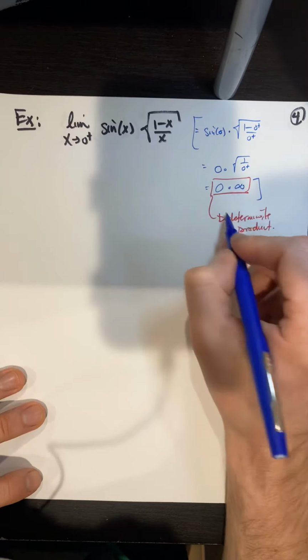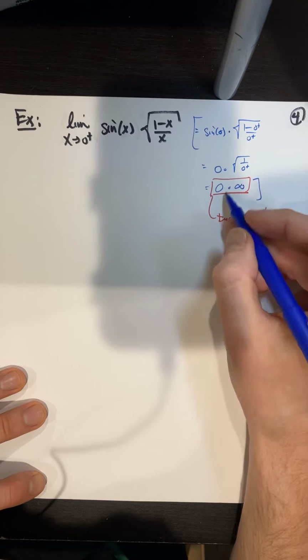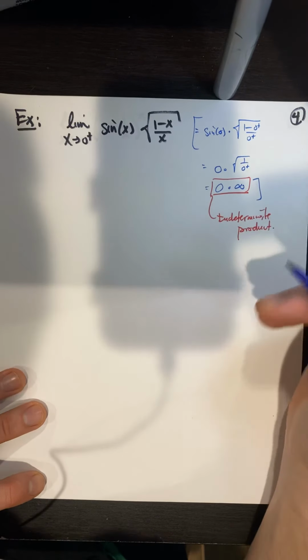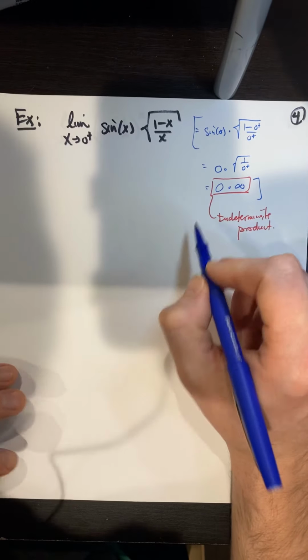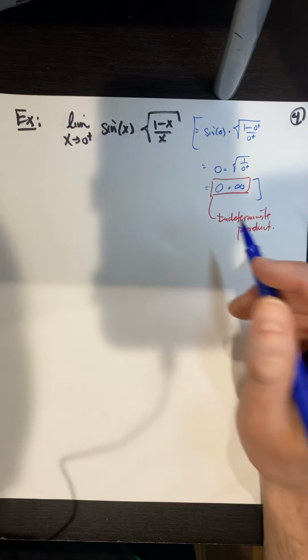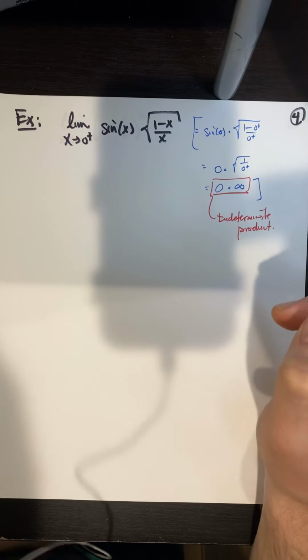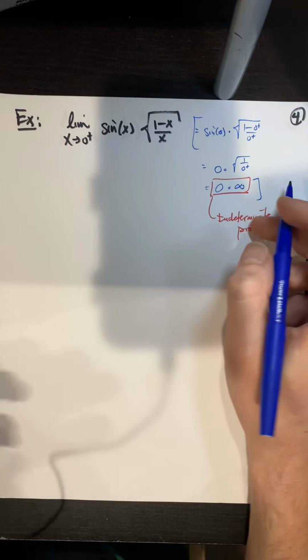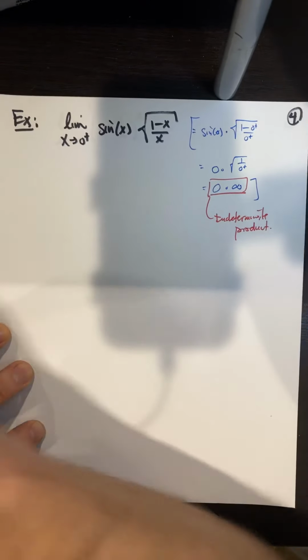But this is called an indeterminate product because this still could be anything. It's very similar to the 0 over 0 or infinity over infinity. You might think, oh, 0 times infinity should be 0 because 0 times anything is 0. But infinity doesn't really abide by the laws of algebra, because it's not really a number. So this is kind of a weird thing as well.